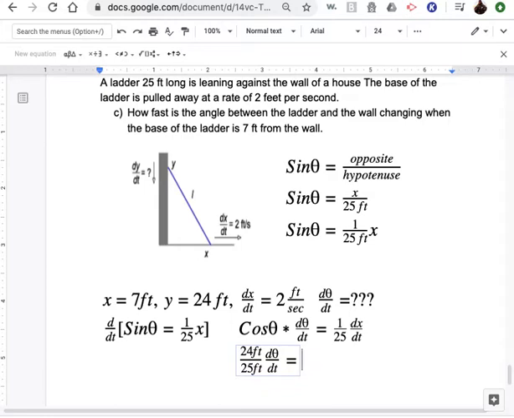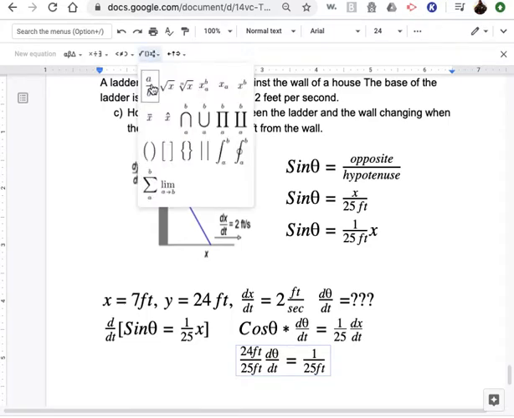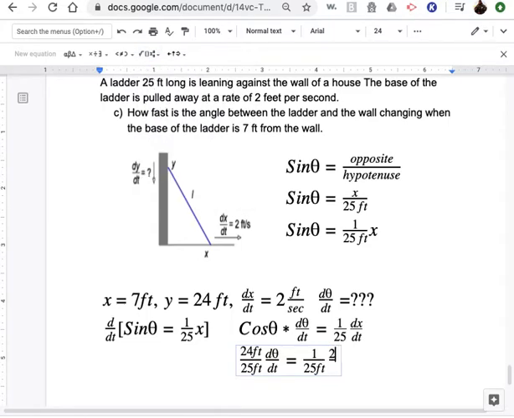and that will be equal to, we're going to plug in our values over here, a fraction 1 over 25 feet times another fraction. As we plug in dx dt, remember that is 2 feet per second.